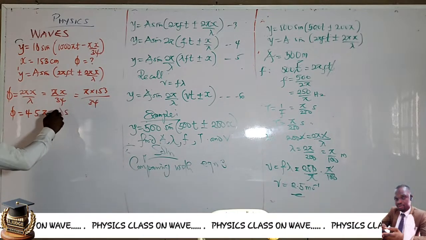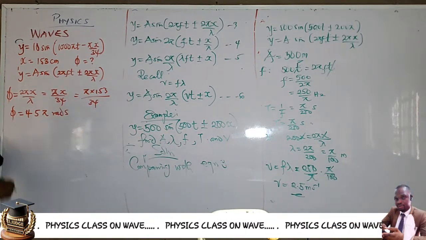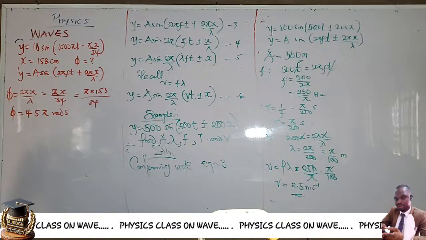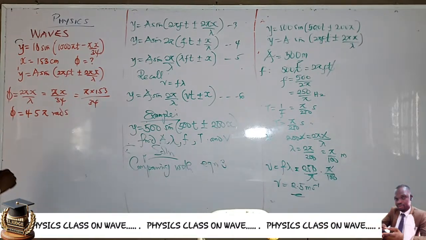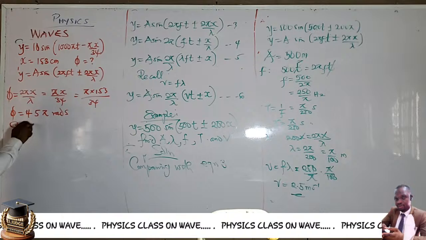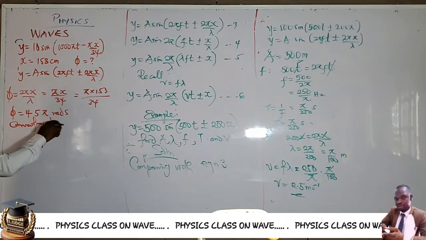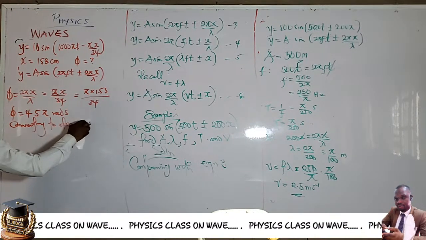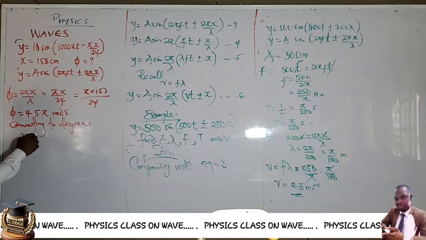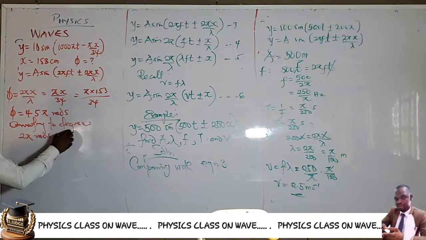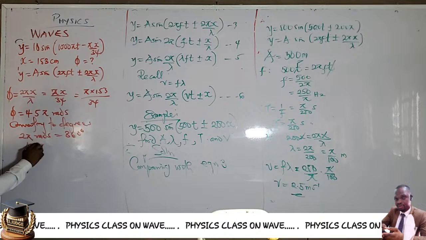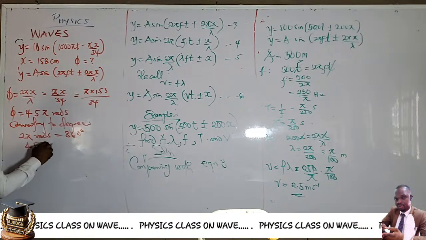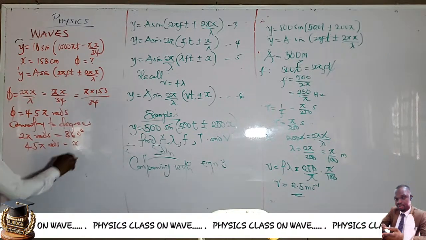But the options given in this question are in degrees. So how do we convert this to degrees? Converting to degrees, we know that 2 pi rads equals 360 degrees. So 4.5 pi rads equals x.